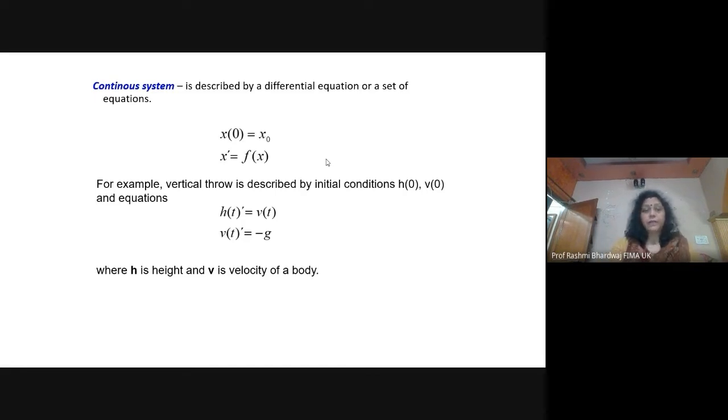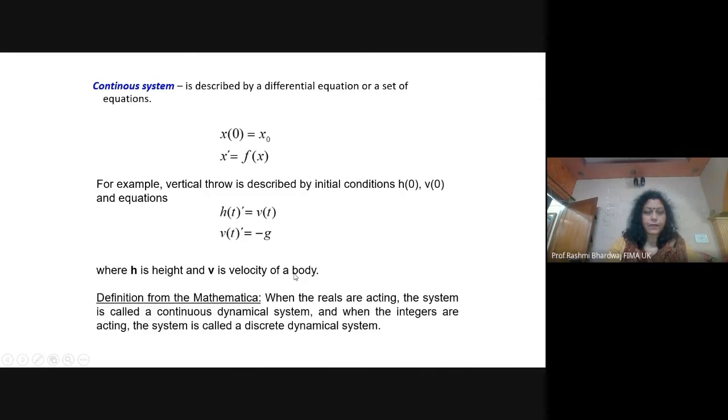If it is given, then we are able to find the further iterations or solutions of any system. For example, the vertical throw with initial conditions h naught and v naught, with equations h dash equal to v and v dash equal to minus g. Here h is against the velocity, and v is against the gravity, that's why we take minus g, where h is the height and v is the velocity of a body.